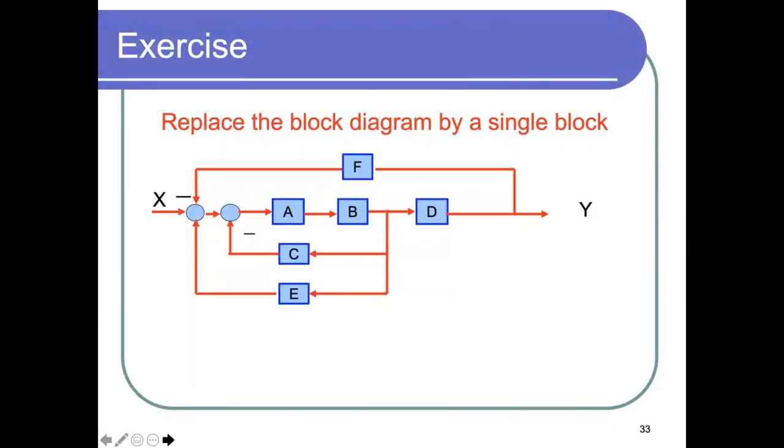Let me see where's the one where we add. Yeah. So we have a pickup point here before some G, and we want to move it after G, so we have to divide by G. This is the rule we just used.